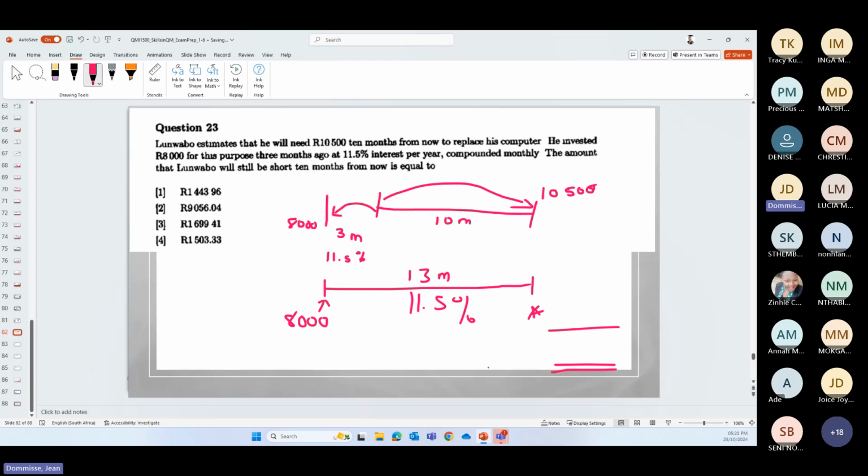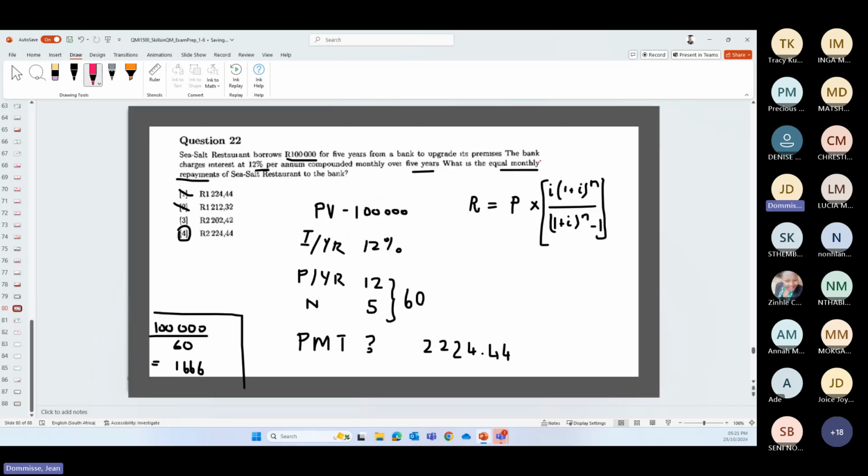Okay, so for the PMT, it's the financial calculator, or you need to use this formula to do the calculation. There's no other way of multiplication to get to one of the answers.